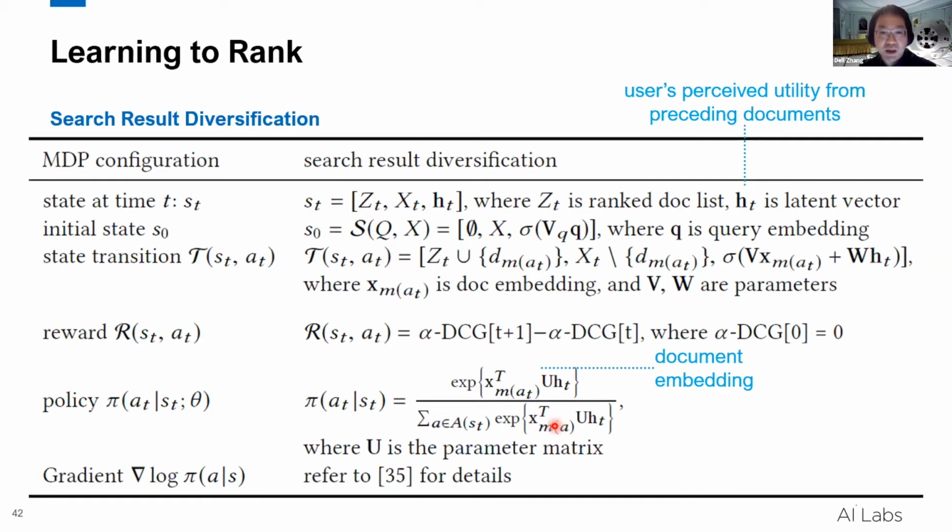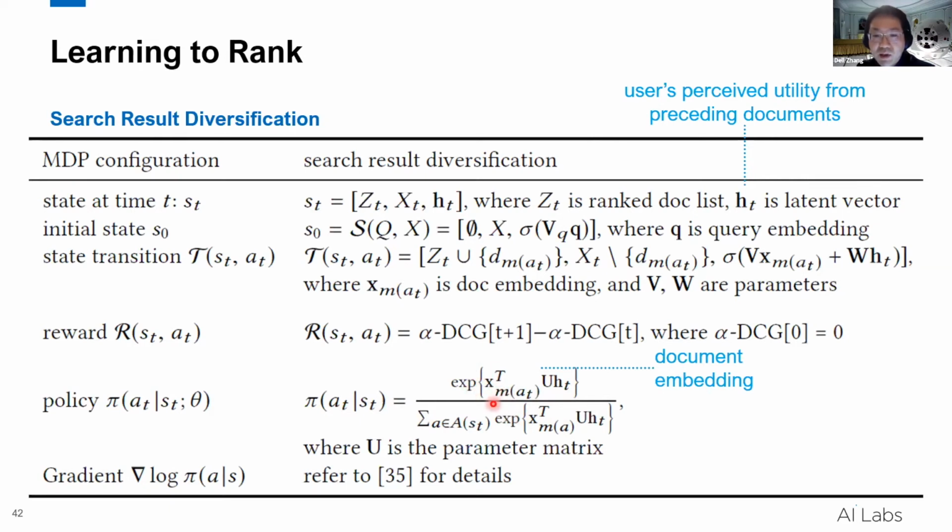The policy, as we have explained, is simply a probability distribution computed using the softmax function. Here, each document would have a document embedding.